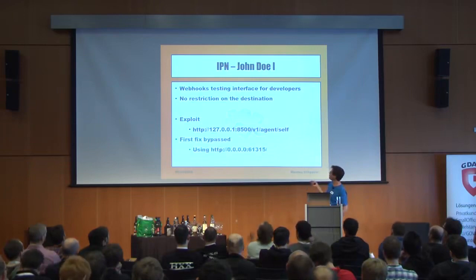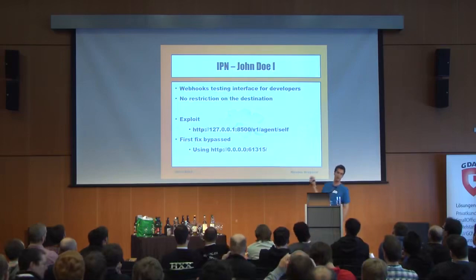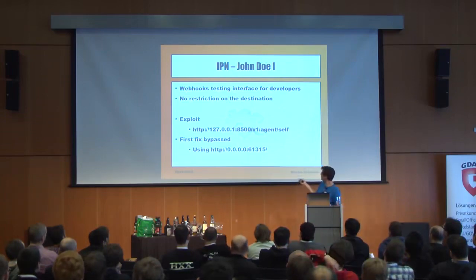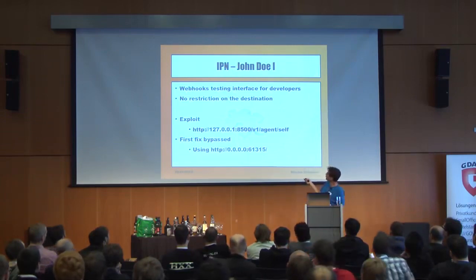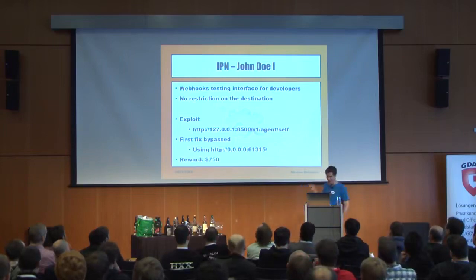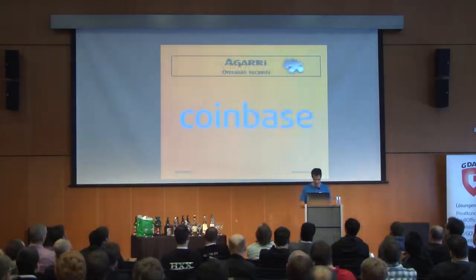And they fix the bug, and then I use 0000 to bypass the fix. And I found, okay, this is their SSH port. So if you want to, but you don't know who it is. Anyway, and $750.